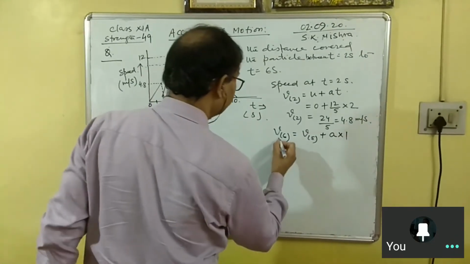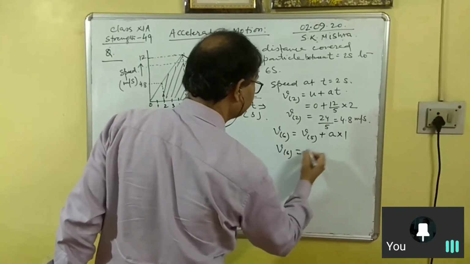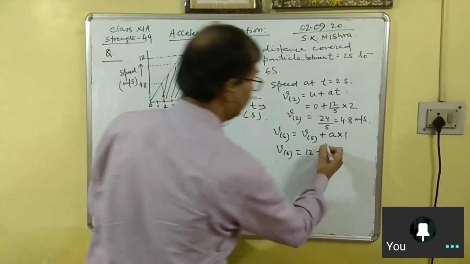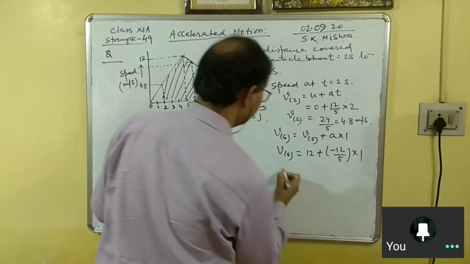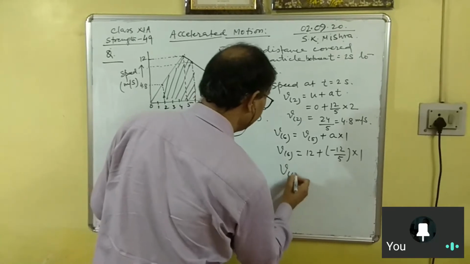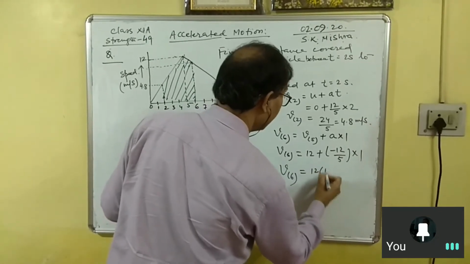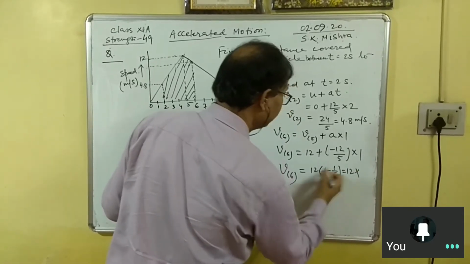Then v at the end of 6 seconds, v at the end of 5 seconds is 12, plus a is minus 12 by 5, into 1. So the speed at the end of 6 seconds is 12 into 1 minus 1 by 5, so this is 12 into 5 minus 1, 4 by 5.